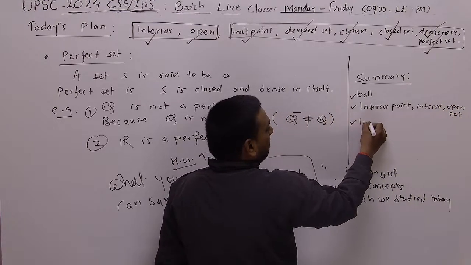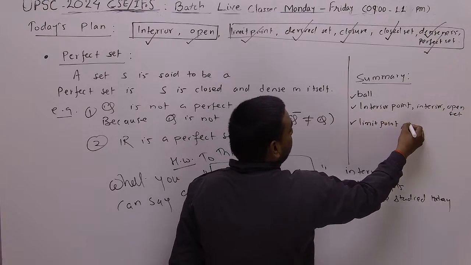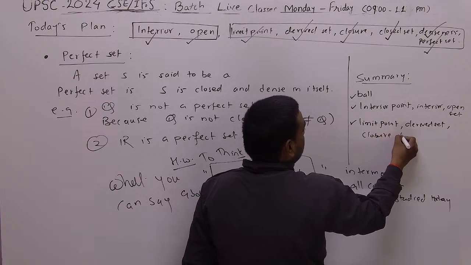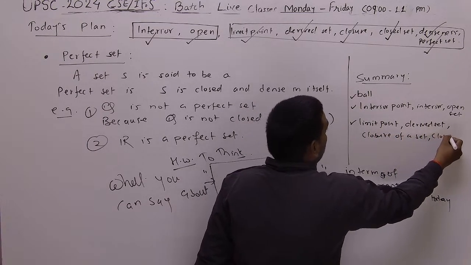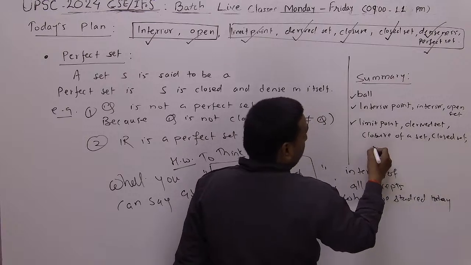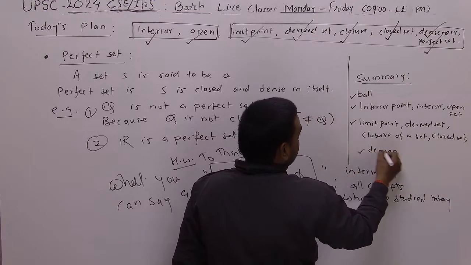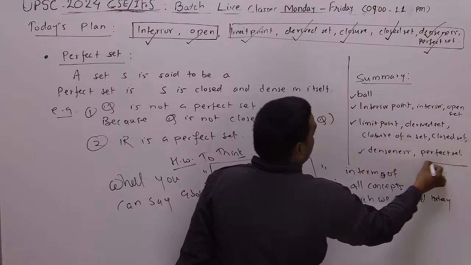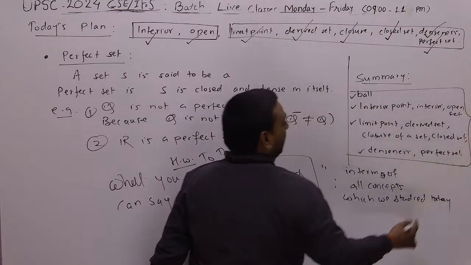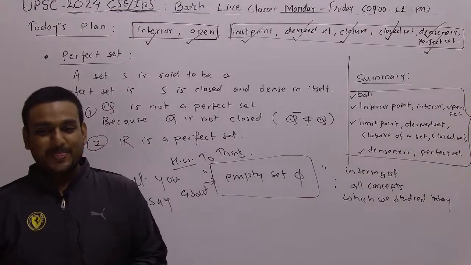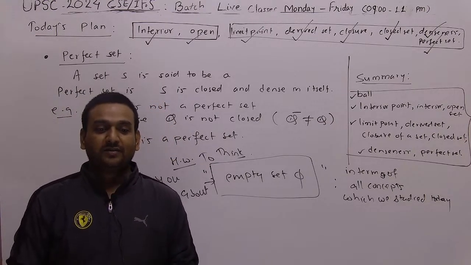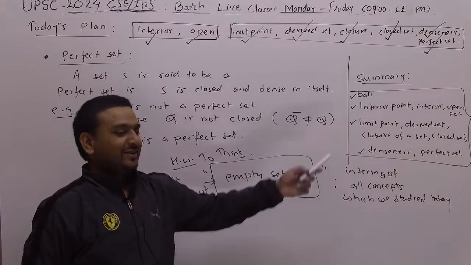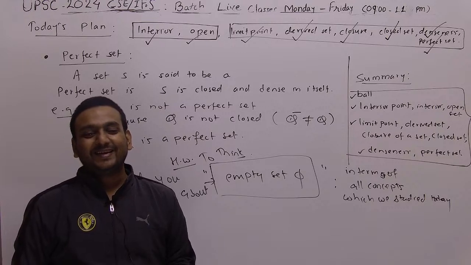Then I went for limit point, derived set, closure of a set, then closed set. Then denseness and perfect set. So recall: did we study nothing today? Did we study something, Amit Kumar, Shubham Chaube, Sujan? So small.